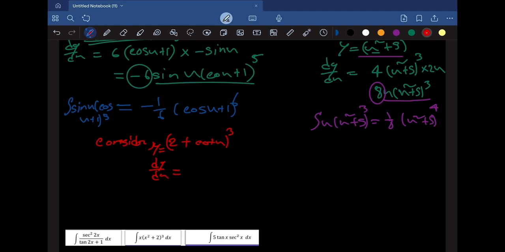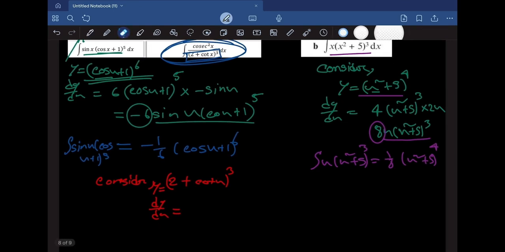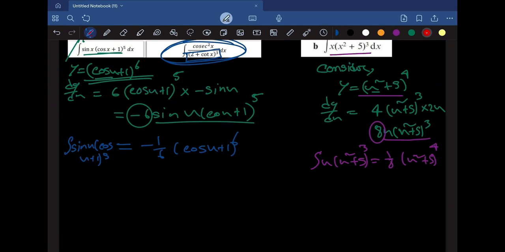So dy by dx is equals to, it was minus 2 power. No, the power was 3. Okay, so basically what has happened right here is we have to look after another thing, which becomes highly crucial. We can also write it down like this.